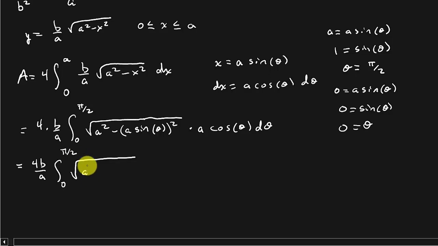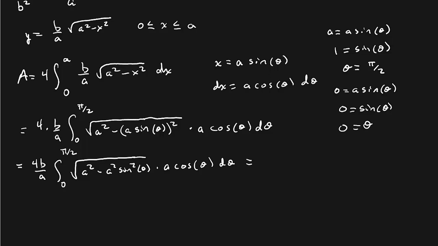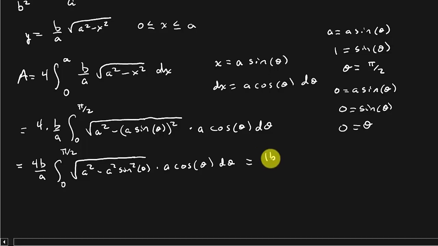So now I've got a squared minus, and when I square this, that's a squared sine squared times a cosine theta d theta. This gives us 4b over a times the integral 0 to pi over 2.